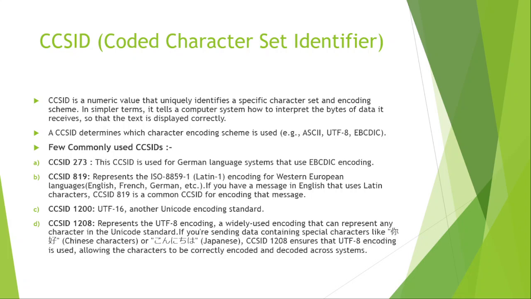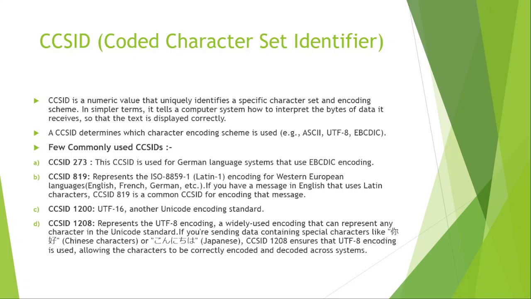When the business sends a message, which characters will I allow to parse and which will I not allow to parse? That can be achieved with the help of CCSID. So CCSID is the thing which determines which character encoding is going to be used, either ASCII or UTF-8 or some other encoding.